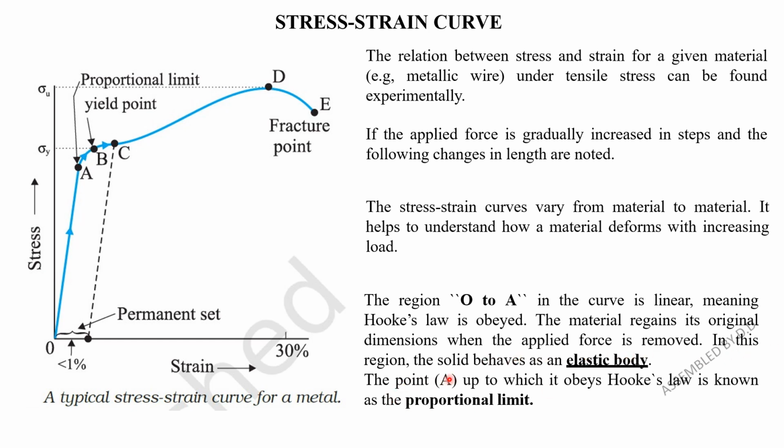In this region, the solid behaves as an elastic body. Whenever it tries to regain its original position, that is elastic nature or elasticity. So the point A up to which it obeys Hooke's law is known as the proportional limit.